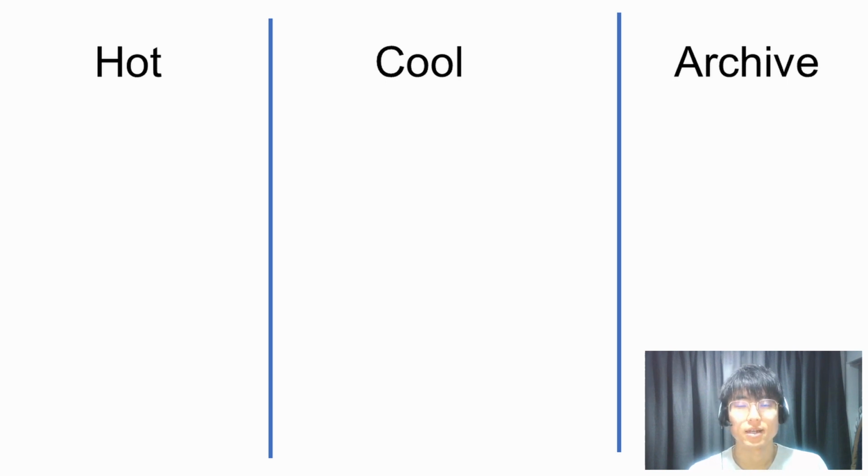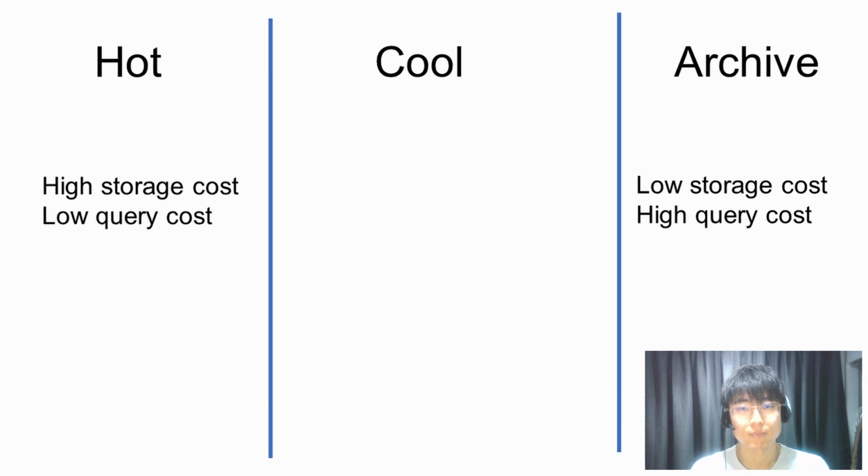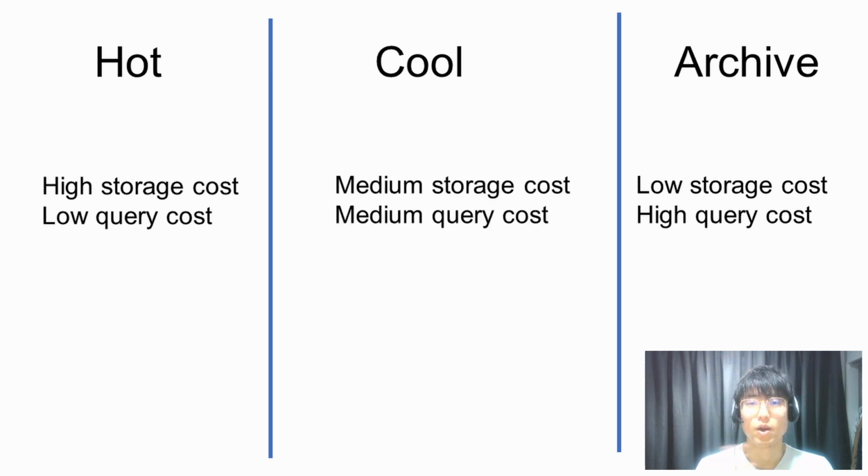Hot costs a lot to store, but is cheap to access and play around with. And the other extreme is archive. It's cheap to store, but pretty expensive if you want to access it and play around with it. And cool is somewhere in between those two. Not that expensive to store, not that cheap to play around with and access.